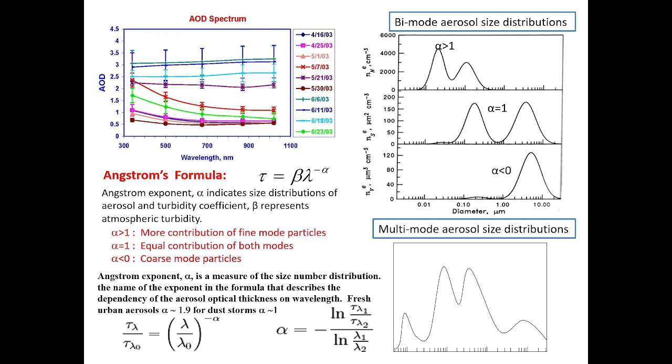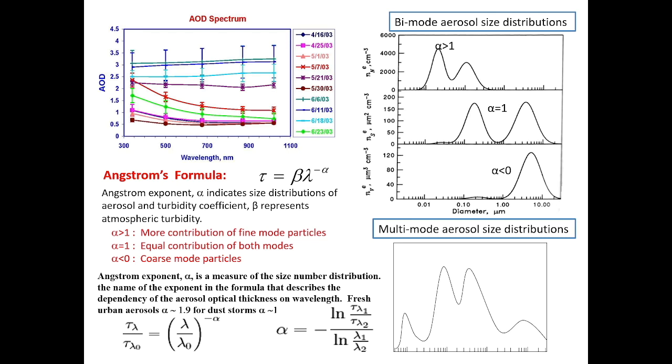And once the coarse mode is dominating, alpha will be negative. This is what is observed here, in a typical case of a dust storm which occurred over Delhi. When there is a very high concentration of coarse mode particles because of the dust storm, alpha is actually less than 0. So these are typical cases in which the Angstrom exponent will have different behavior.